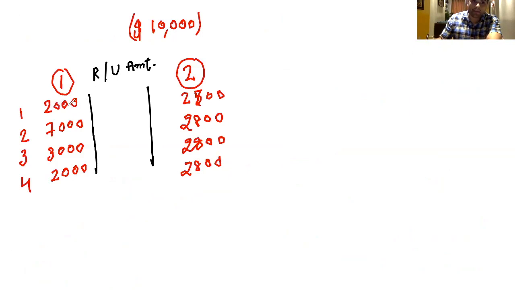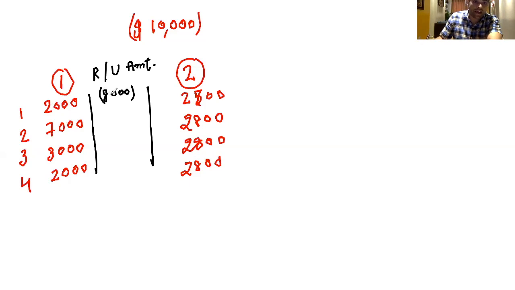First year, my cash inflow is 2,000. So how many are left? 8,000. 8,000 is still to be recovered. So 8,000 is unrecovered. We haven't recovered 8,000 in the first year. Second year, I earned 7,000.